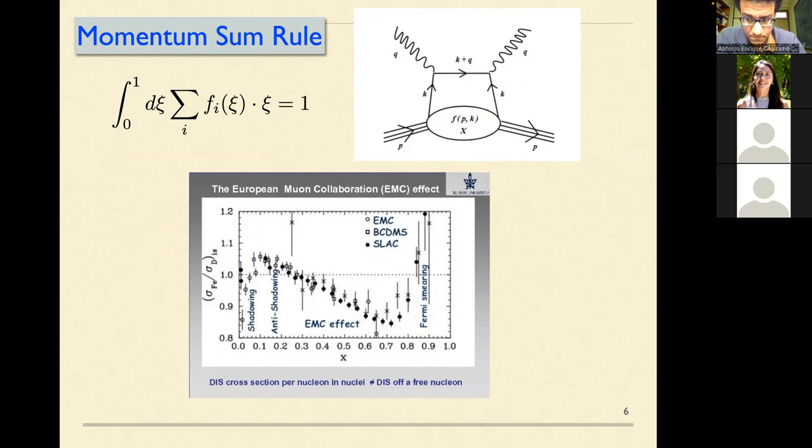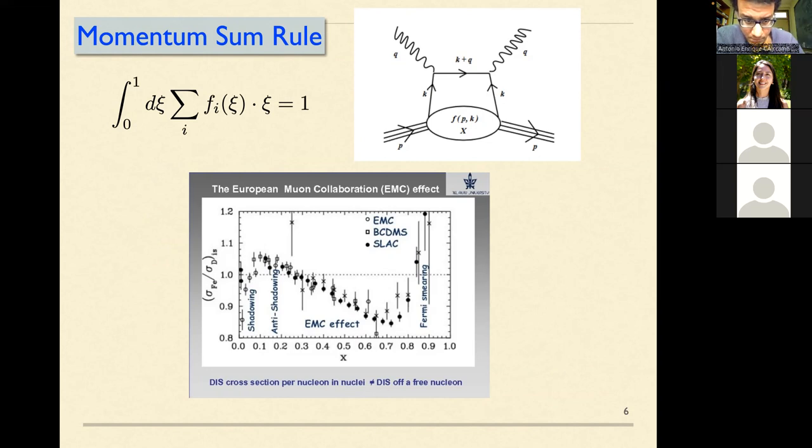You have here the handbag diagram, and the idea in the operator product expansion is that the currents that you can see in the upper part of the blob here are very close, at very high Q squared. So the product of currents can be expanded in terms of local operators. In that case, you can justify this momentum sum rule. But it's not a basic thing of QCD. It's just a parton model result.